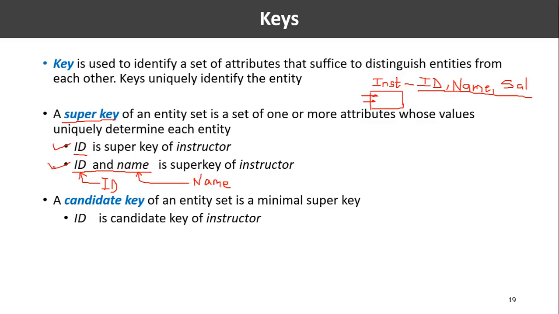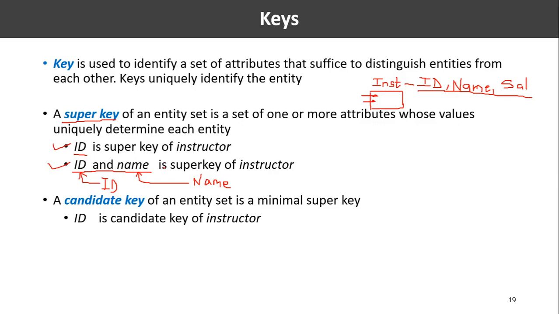Yes, if I consider this proper subset ID, then ID only is sufficient to distinguish two entities in my instructor entity set, and that is why I may say that ID, which is a proper subset, is also sufficient, and that is why ID along with name cannot be treated as the candidate key.